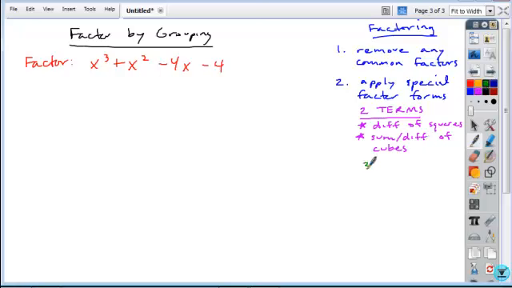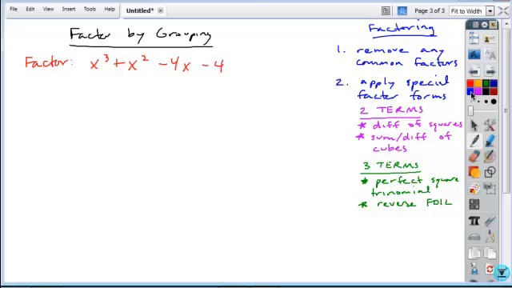If you have 3 terms in your expression, then you should consider looking for the perfect square trinomial form, or you can reverse FOIL in order to complete the factoring steps for a 3-term expression.